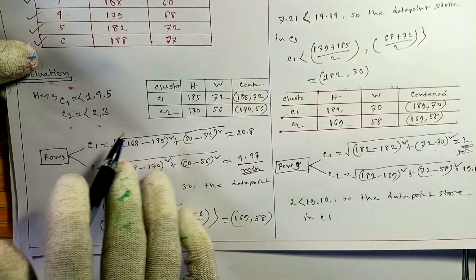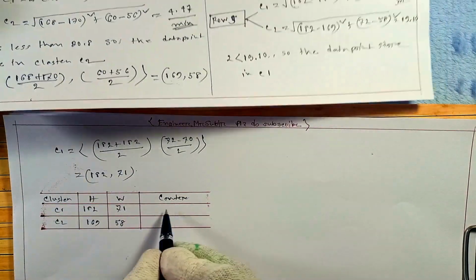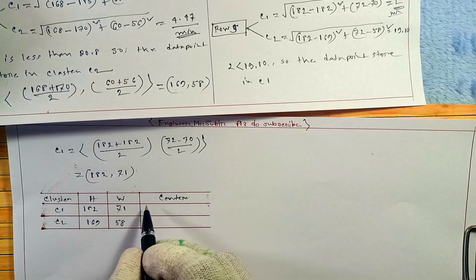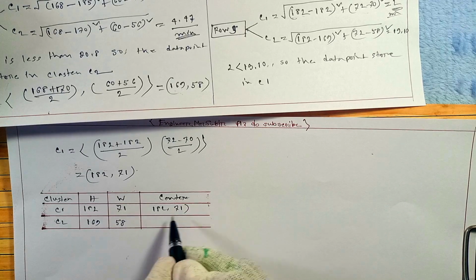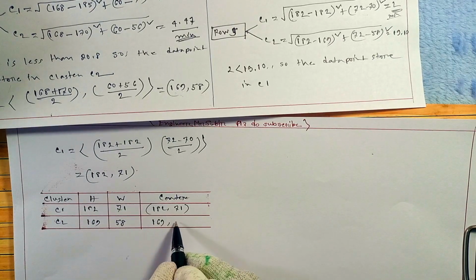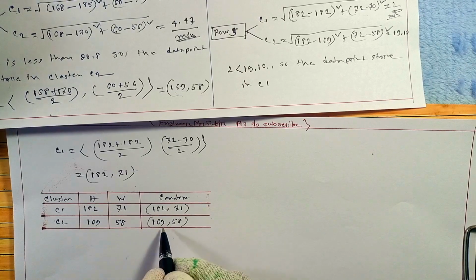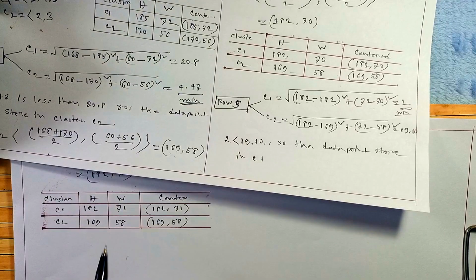We write here row 5. So the centroids will be 182 comma 71 and 169 comma 58. We already found for row 5. Now our target is row 6.